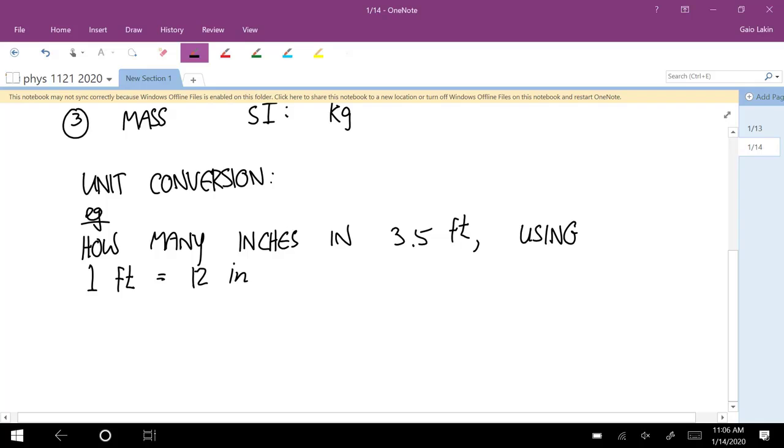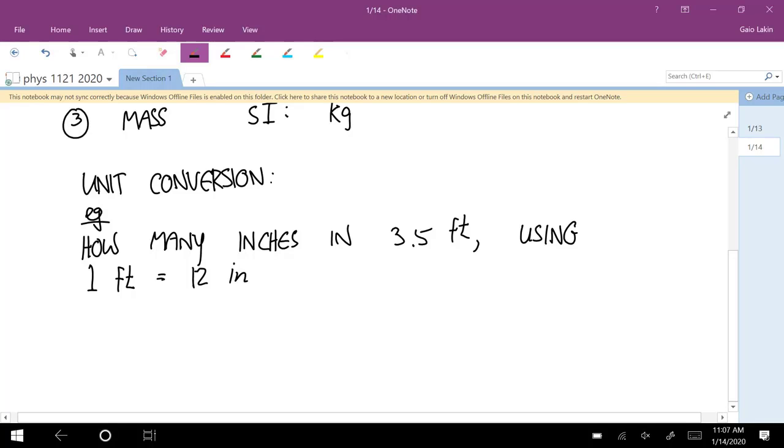And by the way, these are non-SI units of length. Well, intuitively in your head, you know that the answer is you just multiply that 3.5 by 12, and that gives you the number of inches.